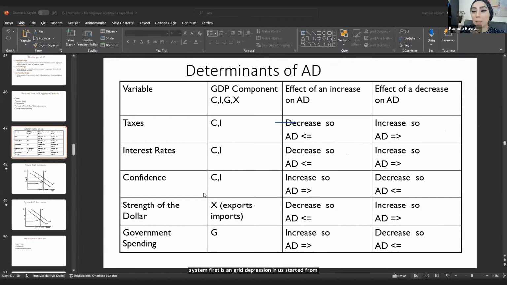You have to understand it very well: what unemployment is, how it can happen, what stock markets can lead to, and how we can handle unemployment. Second, the financial crisis of 2007, 2008, the subprime mortgage crisis. If you understand these two crises, you will understand the current economic system, together with the Bretton Woods system.